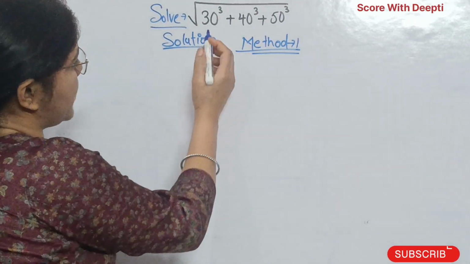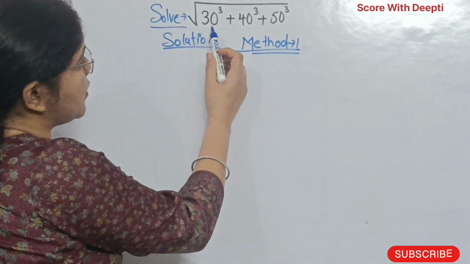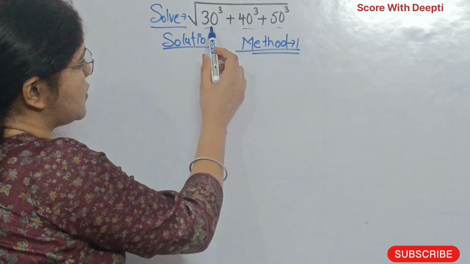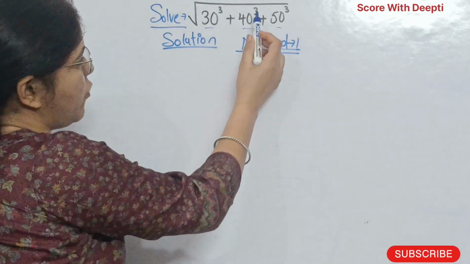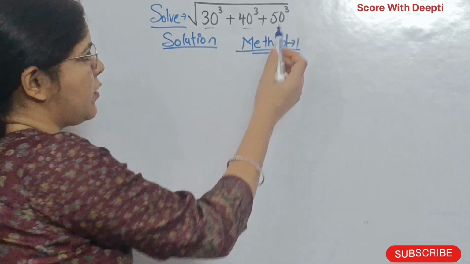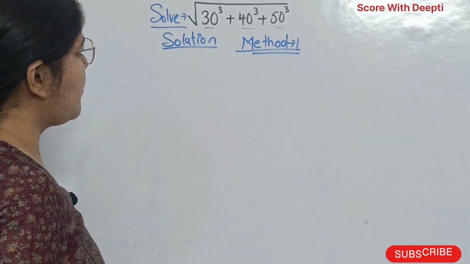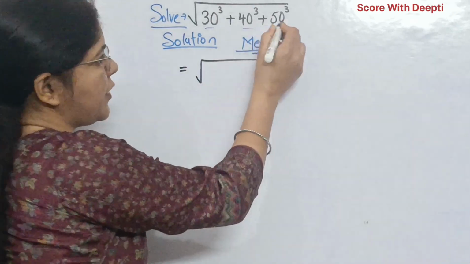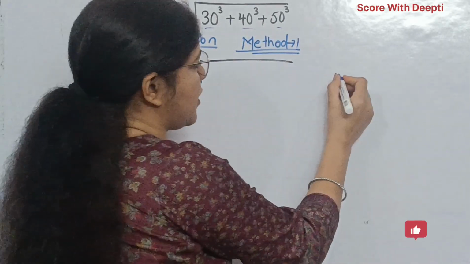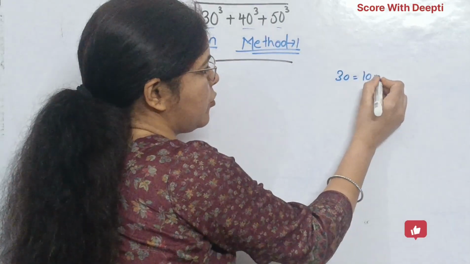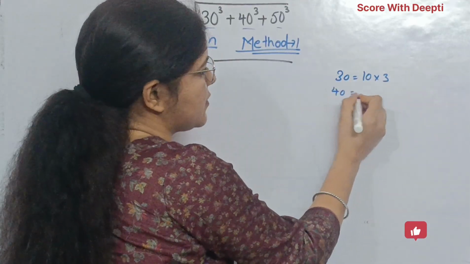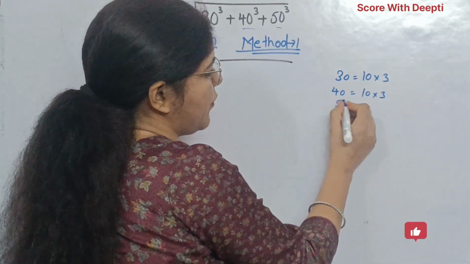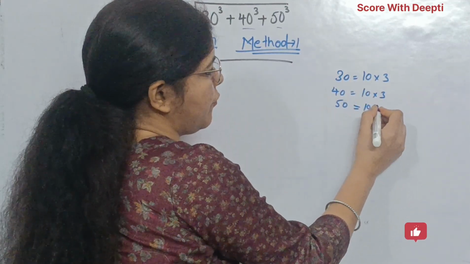In this question, there is a radical and there are three terms under the radical. First is 30 cube, second is 40 cube, and third is 50 cube. To simplify this, we can write 30 as 10 into 3, 40 as 10 into 4, and 50 as 10 into 5.